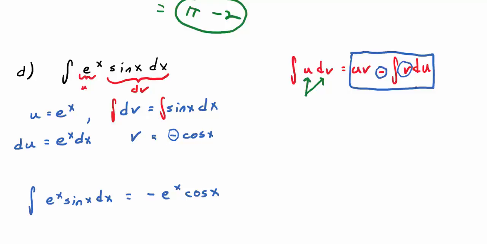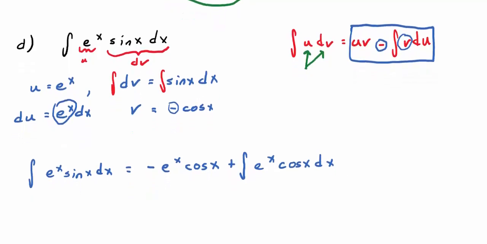Let's just make it a plus and not mess with that part of it. And then couldn't I stick the e to the x in front and put it in a form similar to the way the original integral was presented? e to the x cosine x dx? Does everybody believe that?